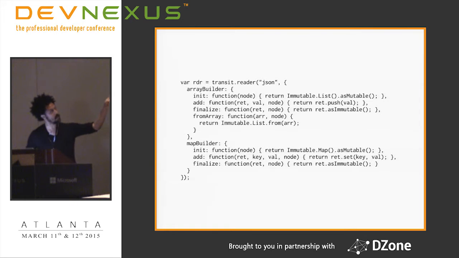And so here I show that you can actually make a reader for JSON, right? So you can actually interpret JSON, and instead of getting JSON objects and arrays out, you get back immutable JS maps and lists, right? The way we've designed it, it's very efficient. It's gzip friendly. We do caching for you.